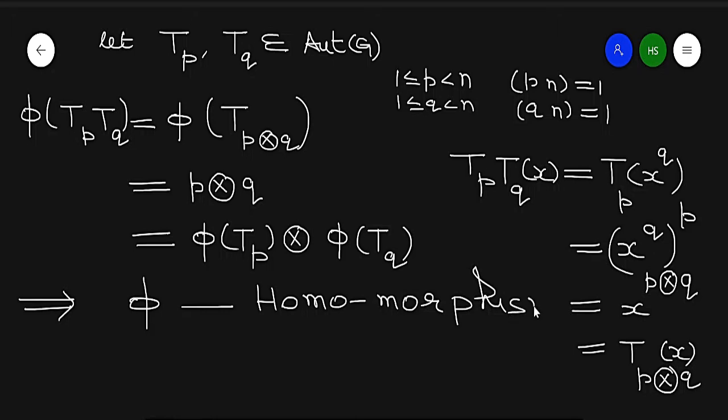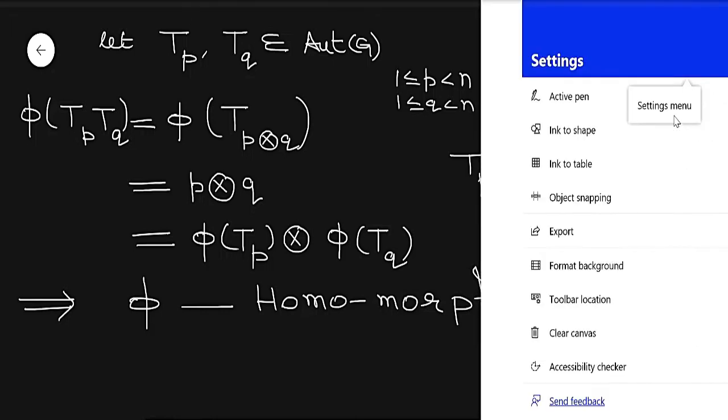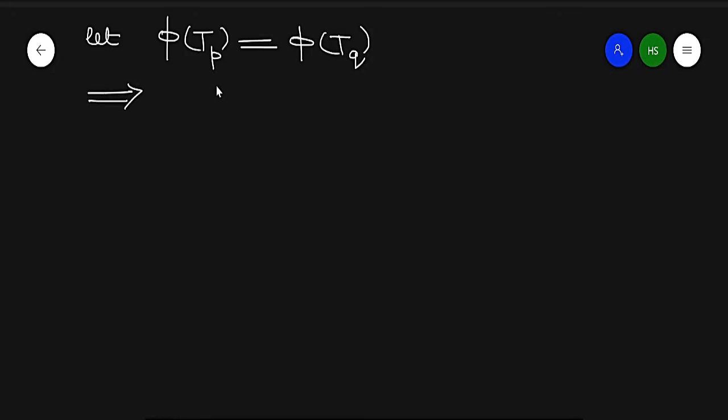So this phi is a homomorphism. After that, it should be one-one and then onto. Again, taking the same element, phi(Tp) is equal to phi(Tq). Now just substitute the values, and it becomes P is equal to Q. If P is equal to Q, it implies Tp is equal to Tq.